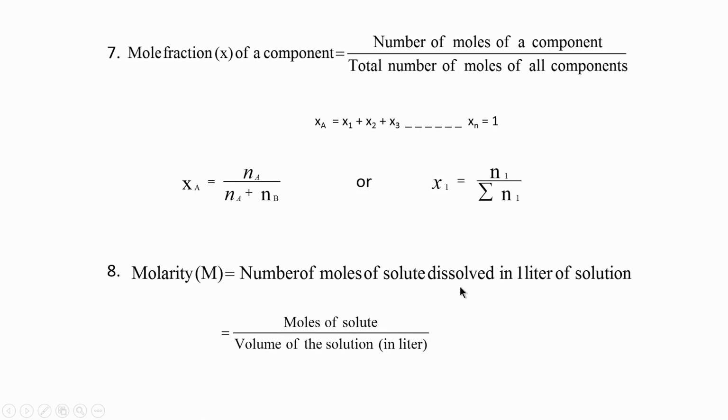Molarity is number of moles of solute dissolved in 1 liter of the solution. So, molarity is nothing but atomic weights of the substances in grams dissolved in 1 liter. Suppose you want 1 liter, 1 molar sodium chloride.